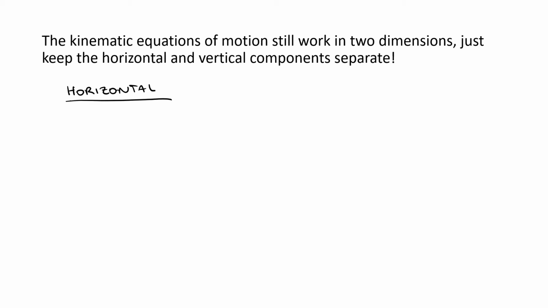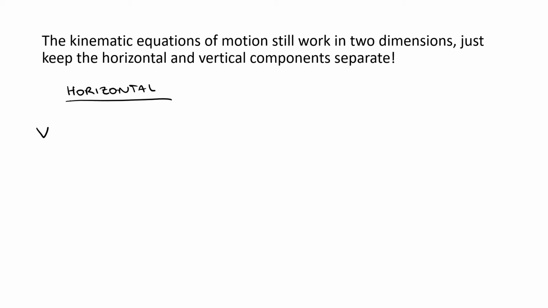The horizontal version is typically labeled x. So these are going to be the exact same kinematic equations as we have already learned before. I'm only going to do the 4, but I'll try to write these out fairly quickly. So there's v, and this is where we need to be more specific in how we are labeling these.